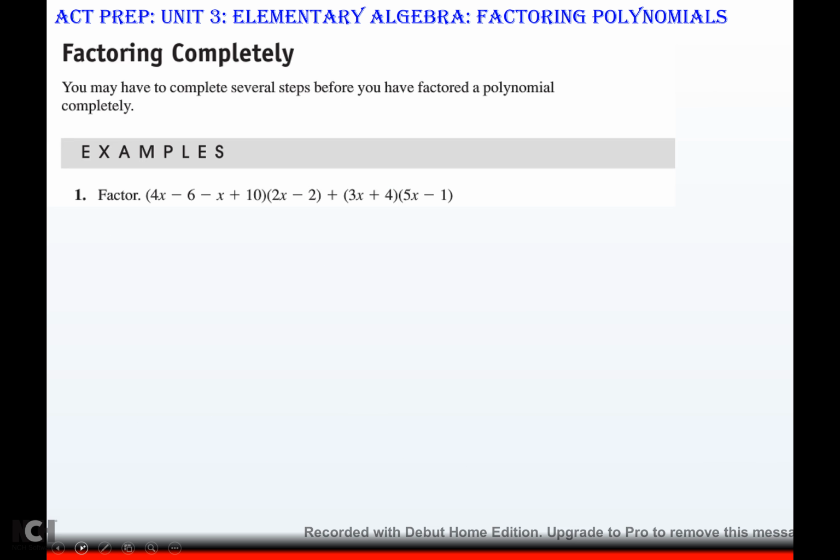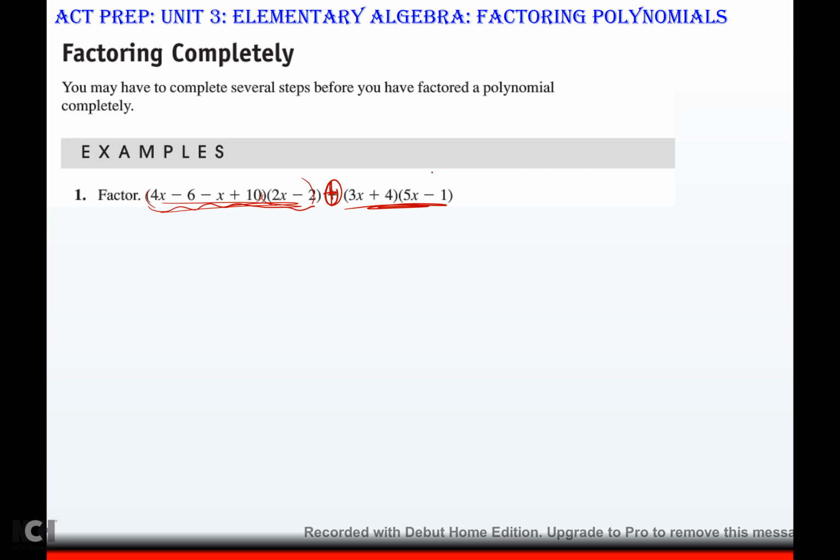Alright. Factoring completely. When you see this, you've got something times something over here plus a product over here. What you're looking for is the same set of parentheses on both sides of that plus sign.